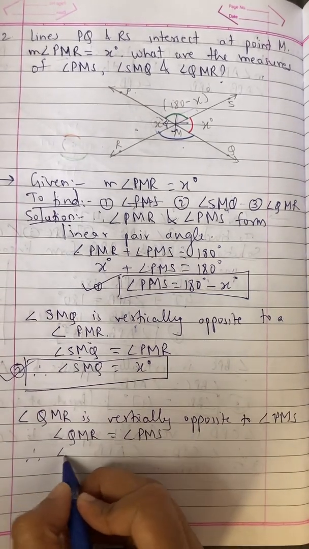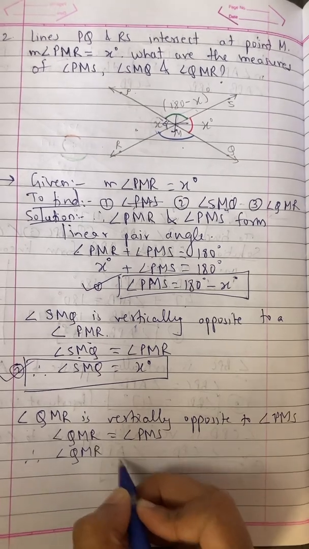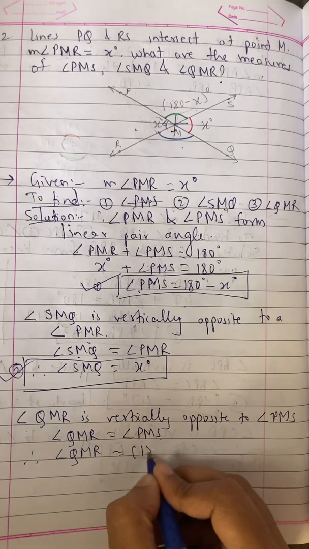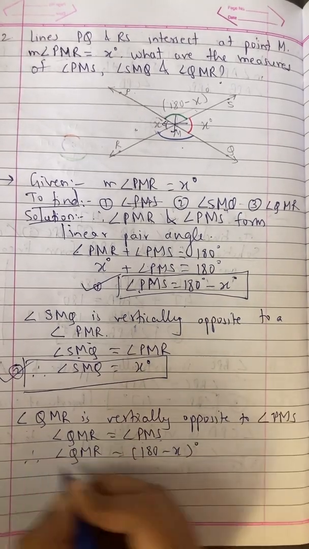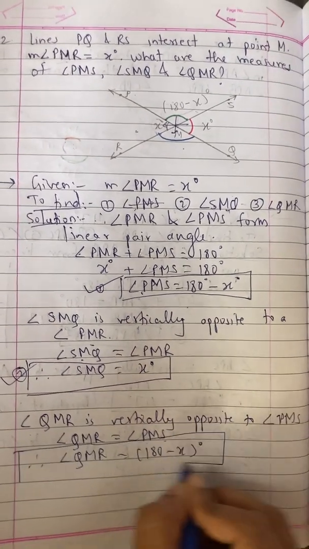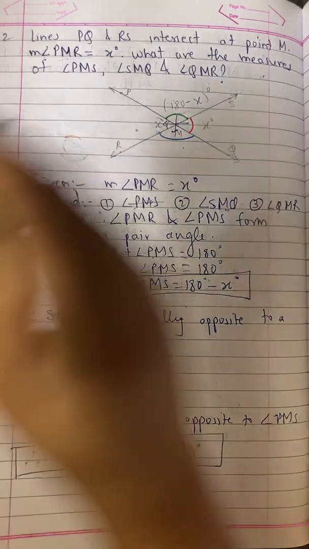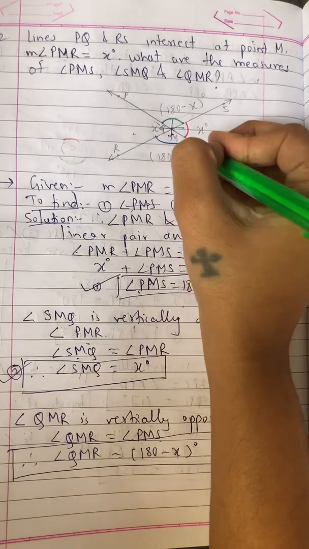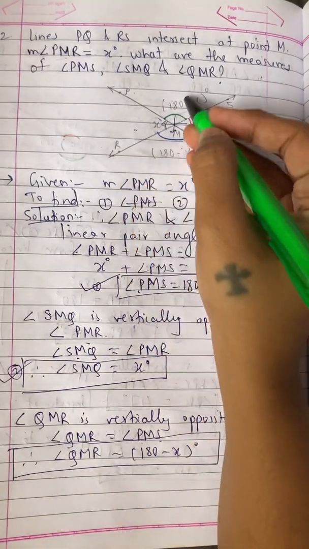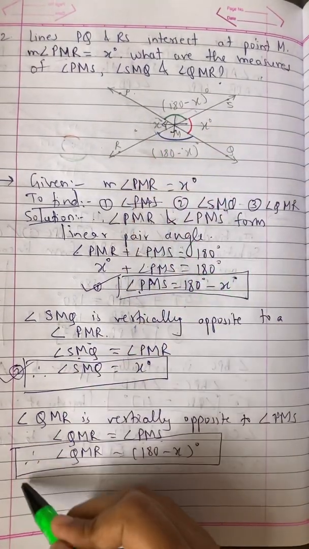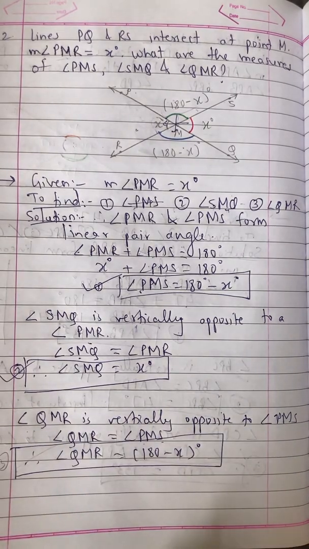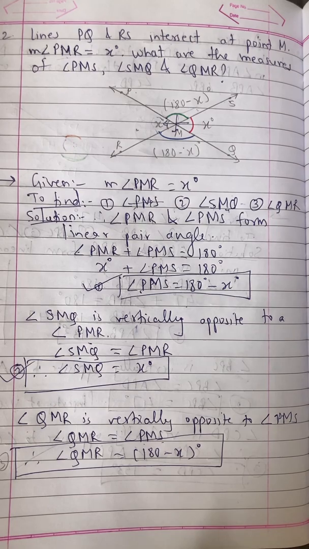So QMR हम लोग को पता नहीं है, लेकिन we know what is PMS. PMS we have found out, 180 minus x degree. So QMR is also going to be 180 minus x degree. Same as this angle. जो भी vertically opposite रहता है, same angle रहता है. Alright. So we get all the measurements which were told to find out. This was third which we had to find out. So this is how we find out all the measurements. Okay. So this way you solve it in your notebook also.